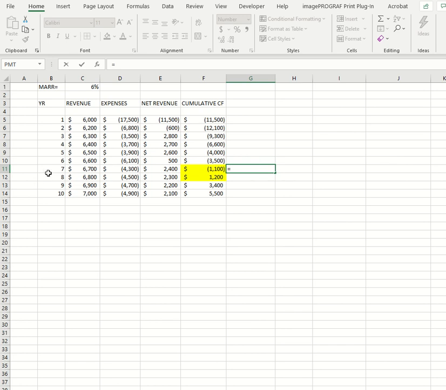That is going to be this value plus this should be the cumulative value positive minus the cumulative value negative.